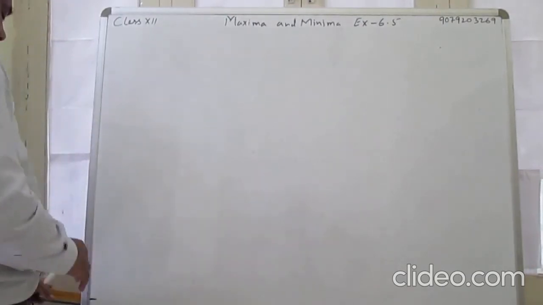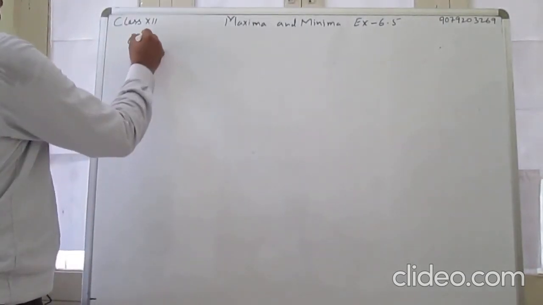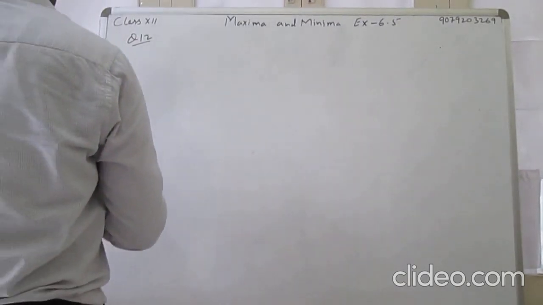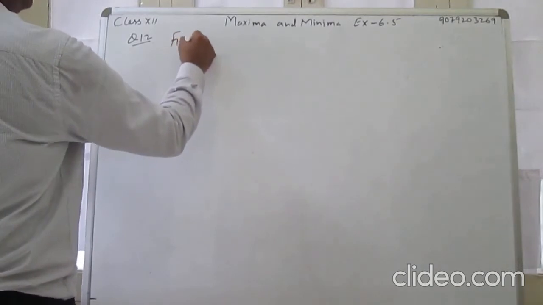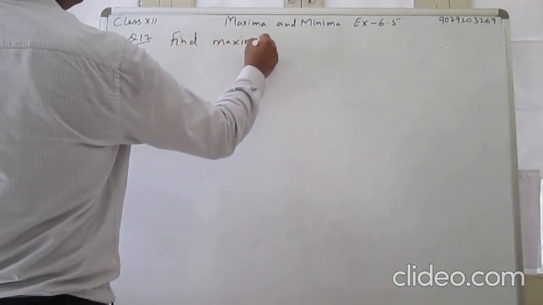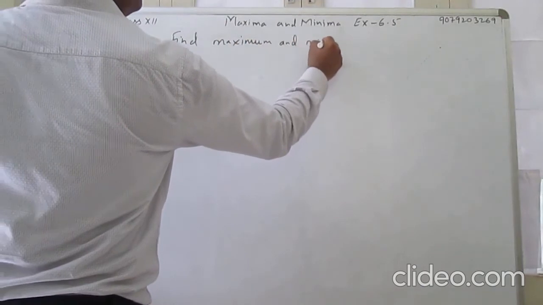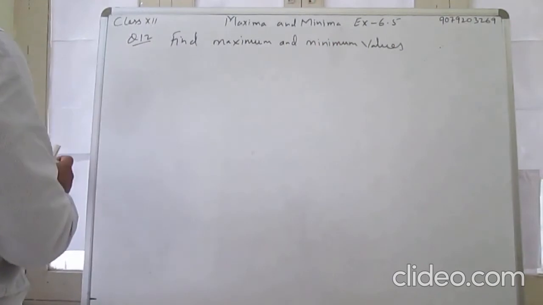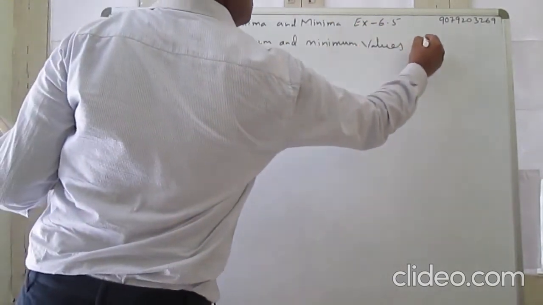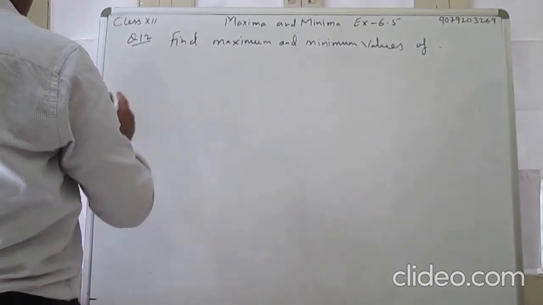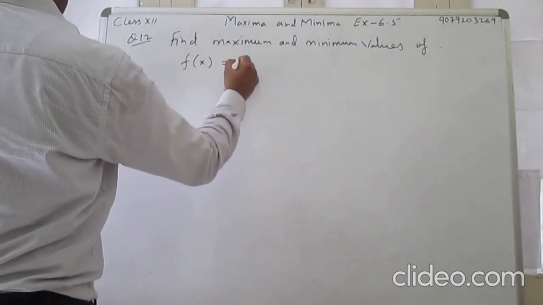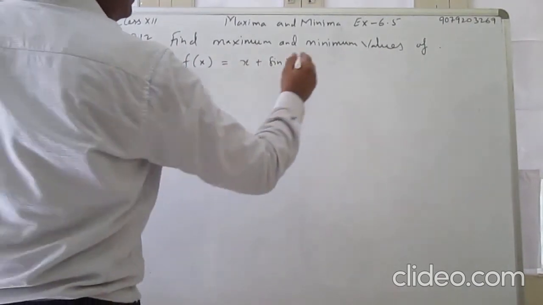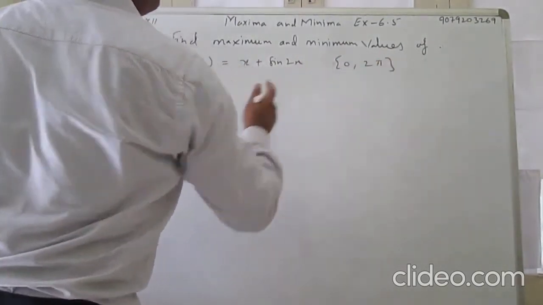Question 12. Find the maximum and minimum values of the function f(x) = x + sin 2x in the interval 0 to 2π.